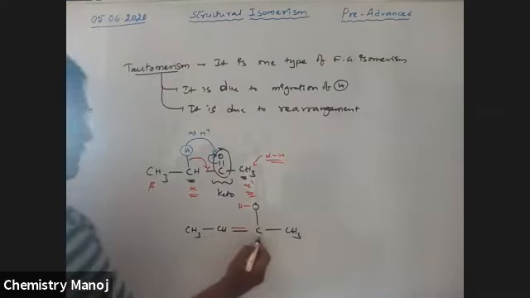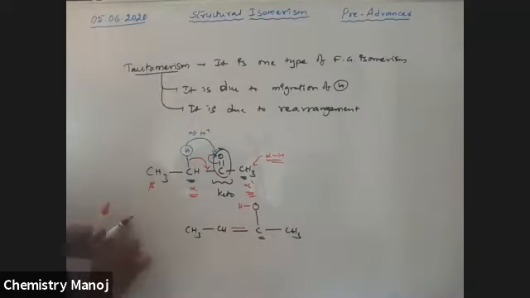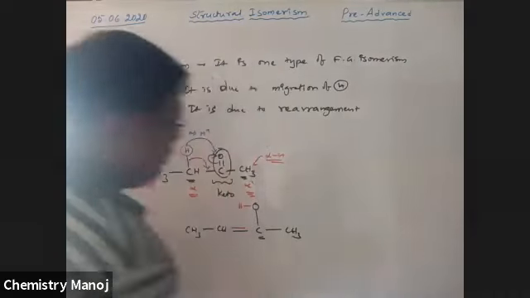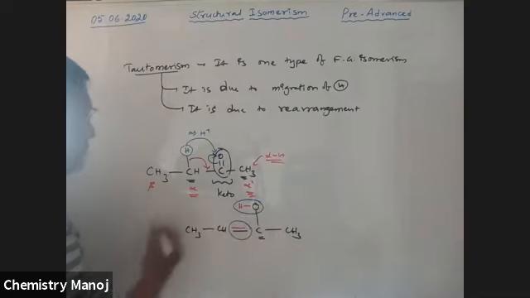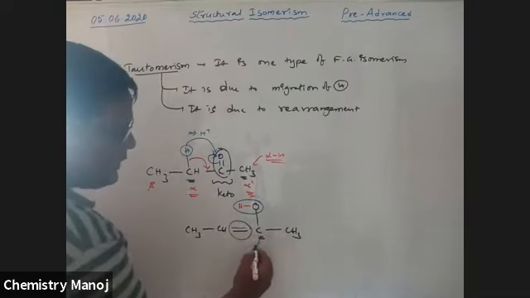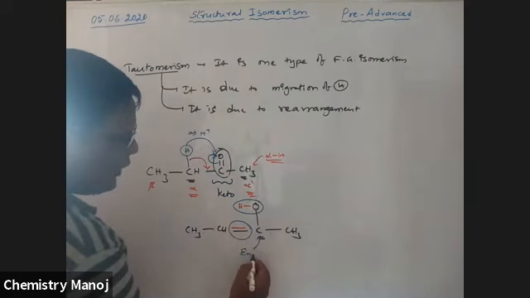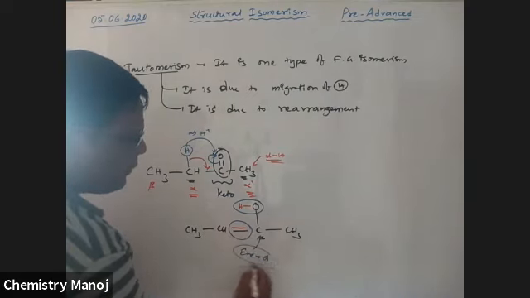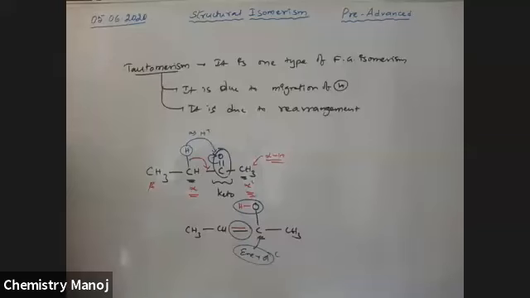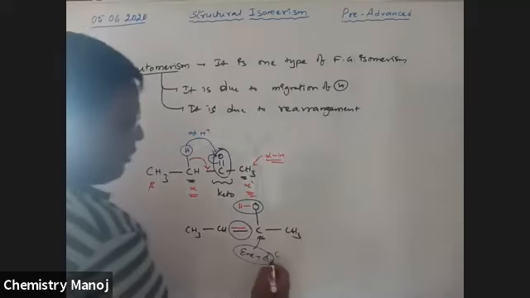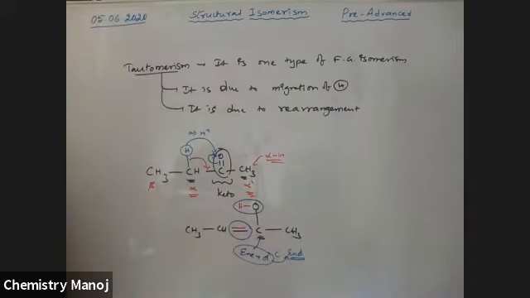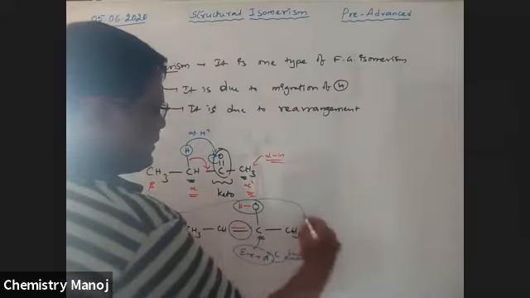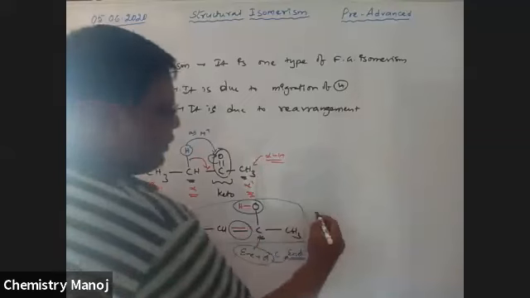That means this is the carbon having both an OH group and a double bond. That's why this carbon is called an ene plus ol carbon, simply an enol carbon, and this compound is taken as an enolic compound.